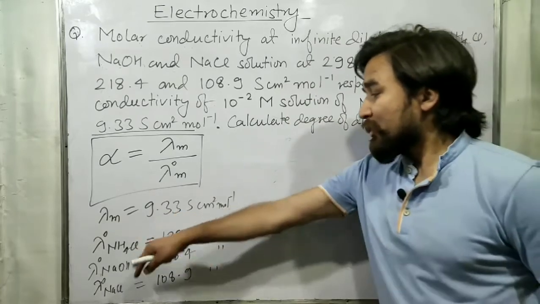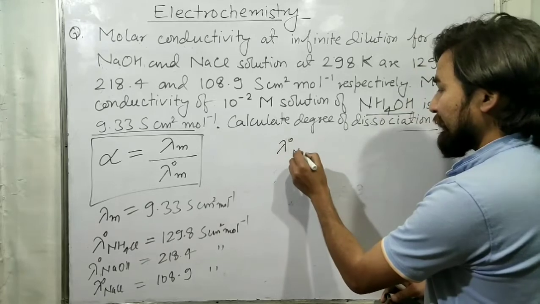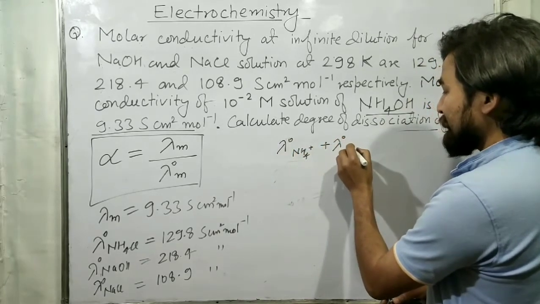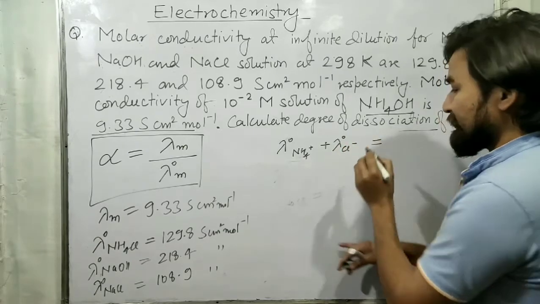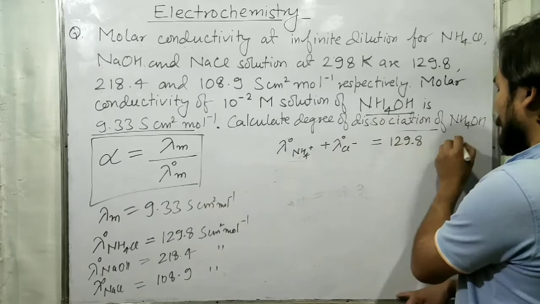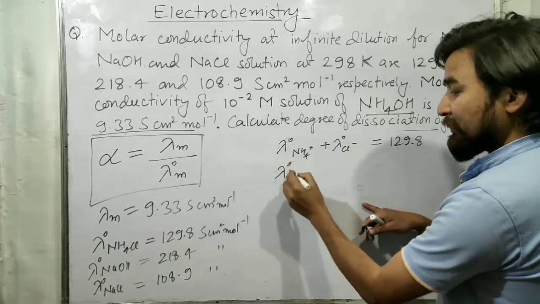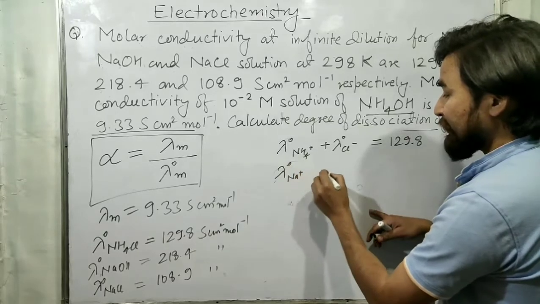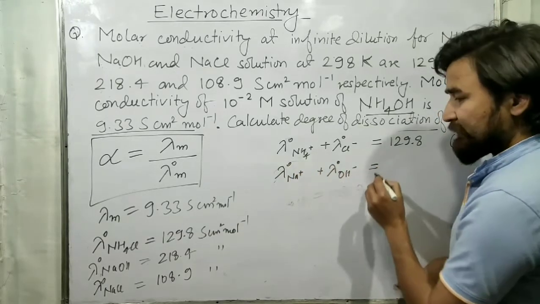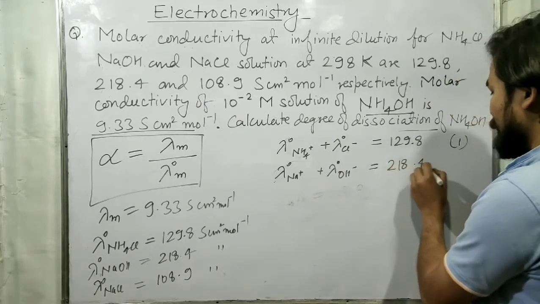So from Kohlrausch law you can write down lambda naught NH4 plus lambda naught of Cl minus, that is equal to 129.8. You can write it as equation 1. Similarly, lambda naught Na plus lambda naught OH minus, that is equal to 218.4.